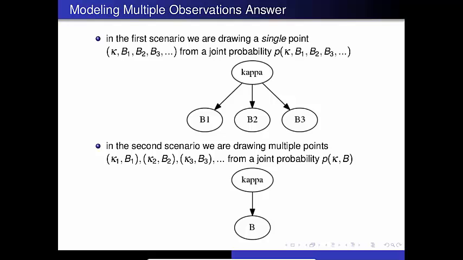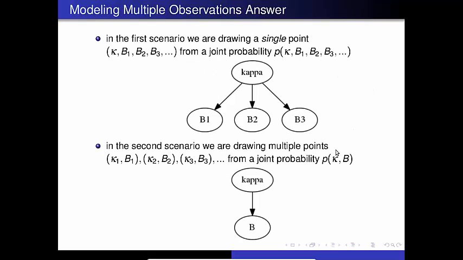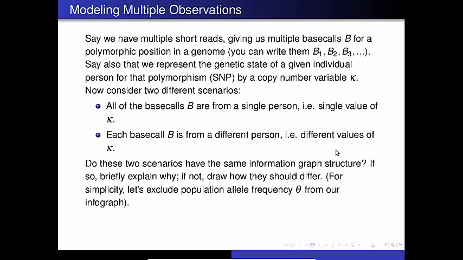Oh, okay. So different kappa to different B's, right? Right. We said each base call B is from a different person. Oh, but is it possible that different B's have the same kappa value? When we say from a different person, that means each one is from its own different kappa. Oh, okay, I see. Thank you. Sure.